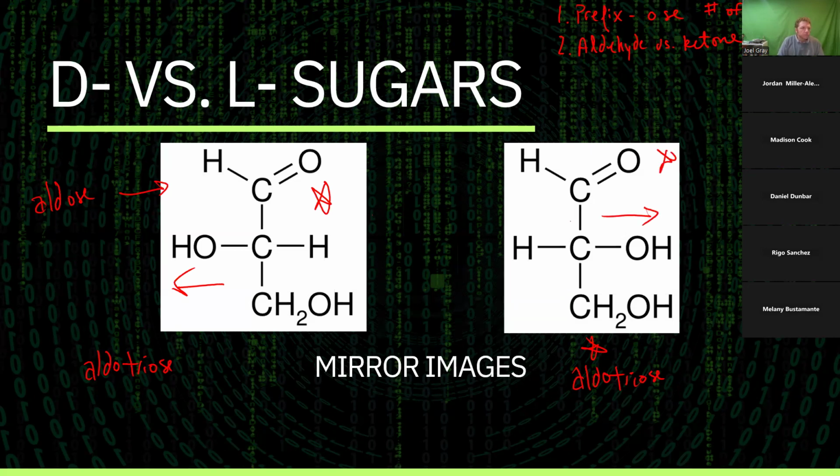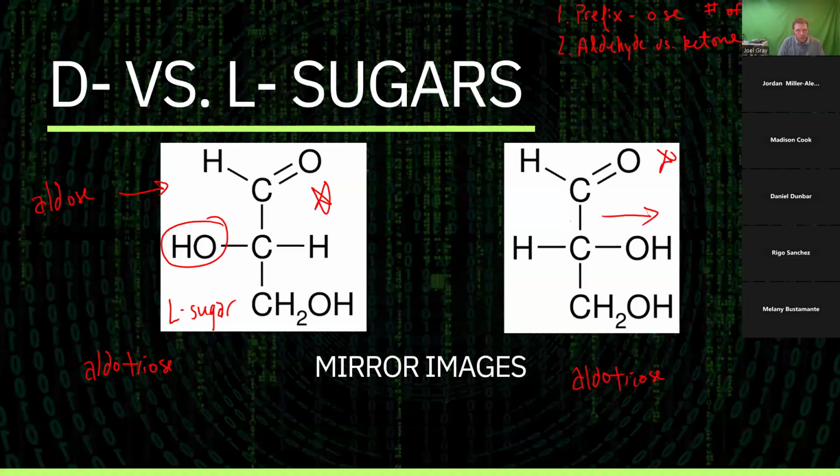That is where we are able to distinguish between these two sugars. The one with the hydroxide group on the left-hand side is known as an L sugar. The other sugar is a D sugar.